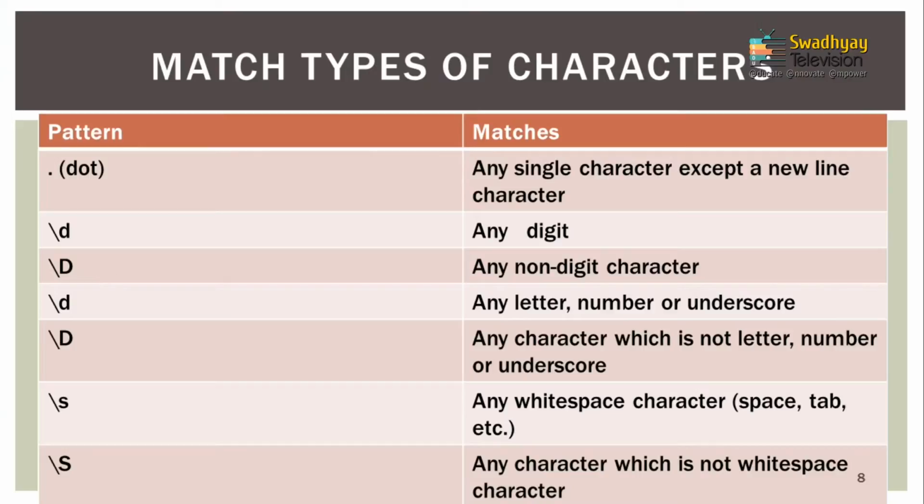Backslash capital D, which is for any non-digit character. \w is for any letter, number or underscore, which means we can say alphanumeric character. Capital \W is which is not a letter, number or underscore. \s is any white space which includes space, tab, etc. and capital \S means not white space.